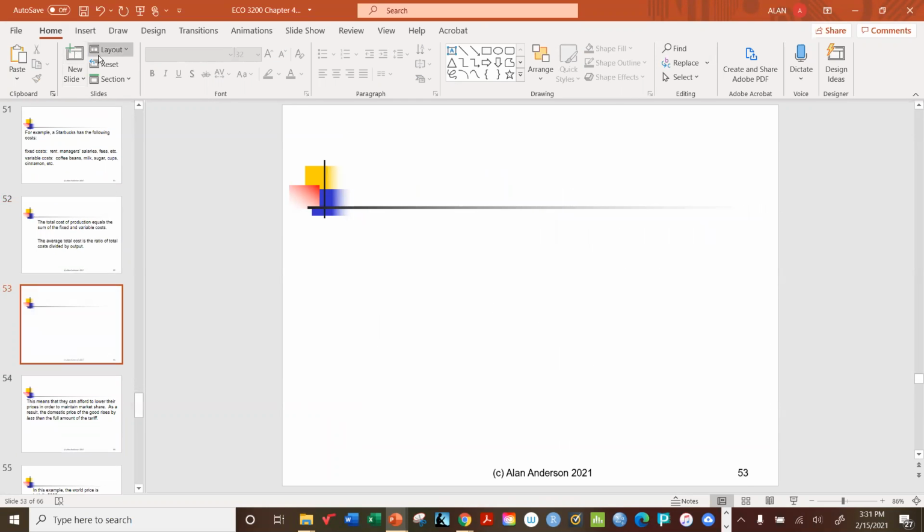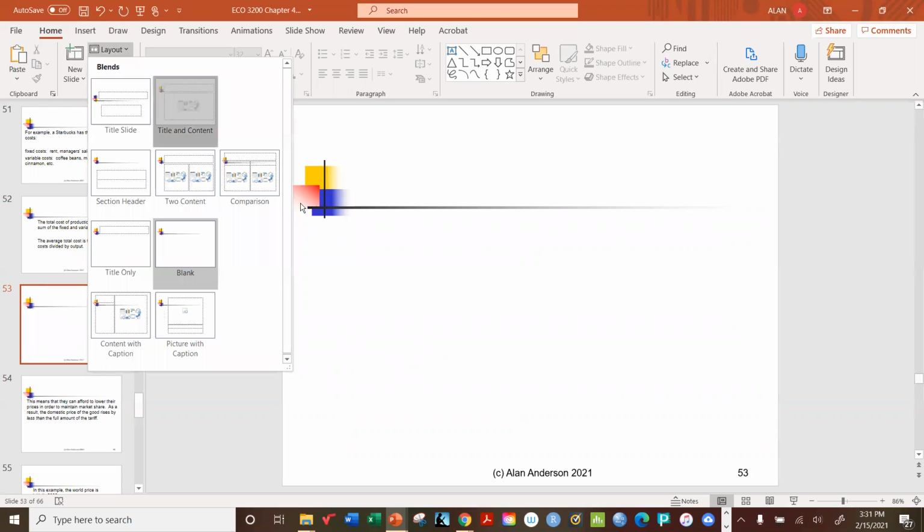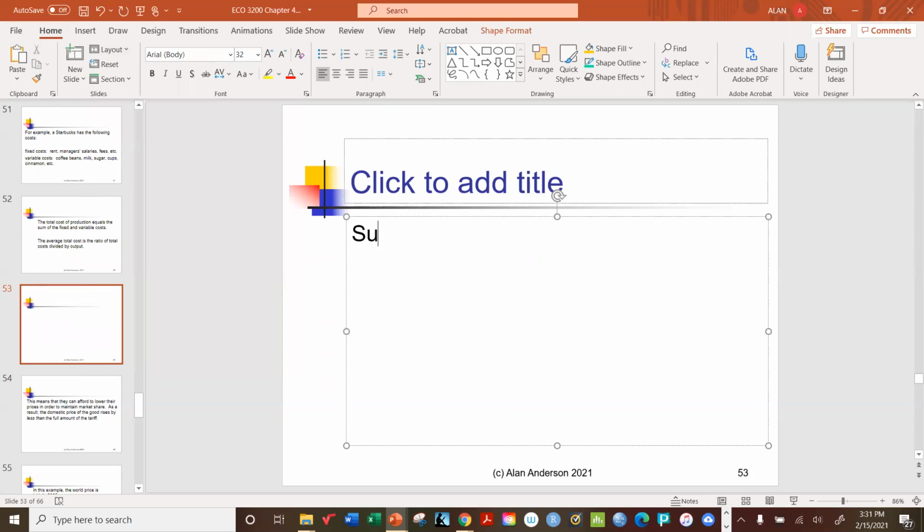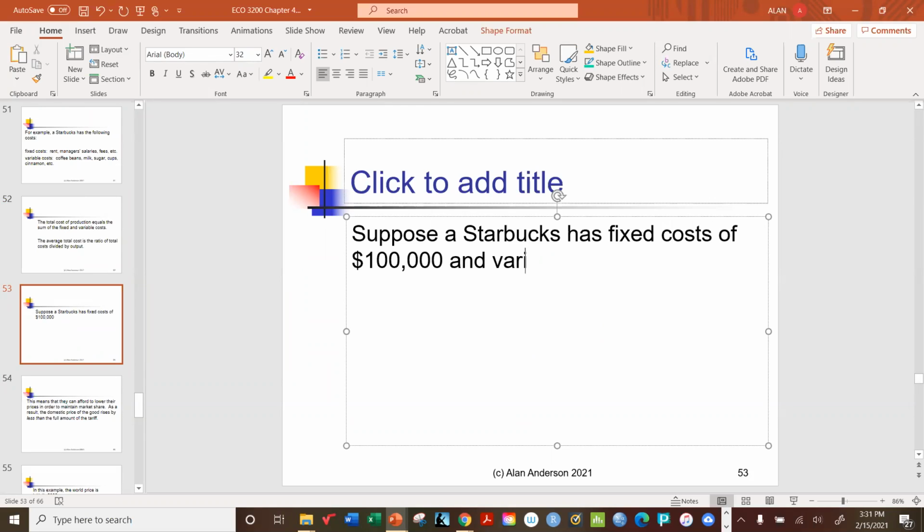Suppose, for example, that a small local Starbucks has fixed costs of, let's say, $100,000 and variable costs of, let's say, $1 per cup of coffee.